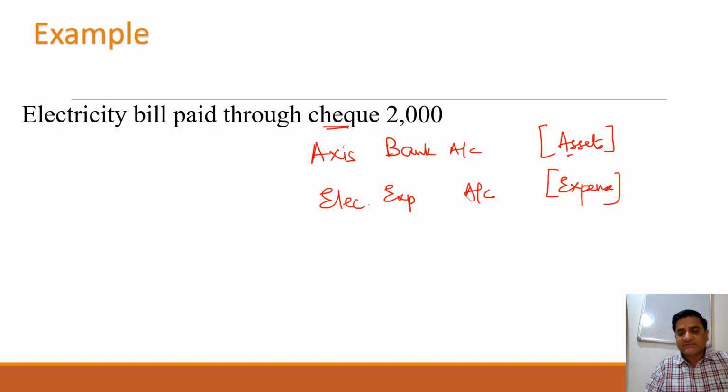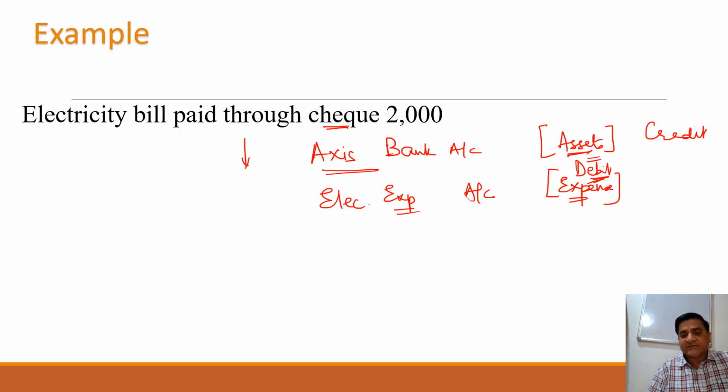If you remember, both assets and expense have the same balance, which is debit by nature. So the balance in this bank account goes down because the bank has paid 2000 on your behalf. So whatever your balance was there in the bank would go down by 2000 rupees. So the thing which is having a debit balance, if it is reduced, you need to credit that account.